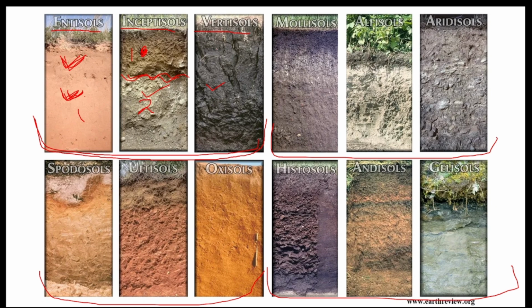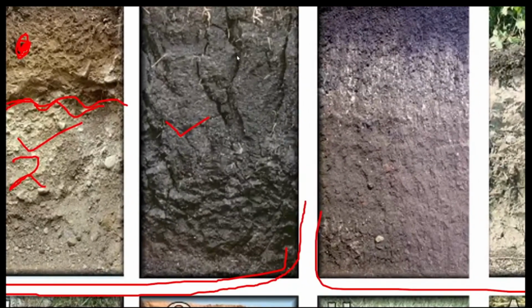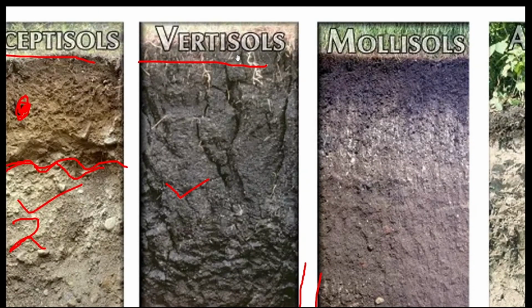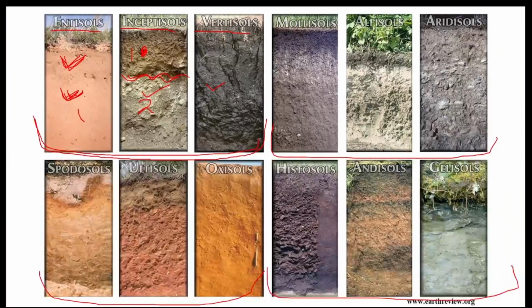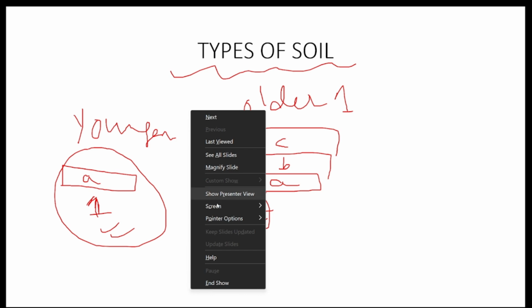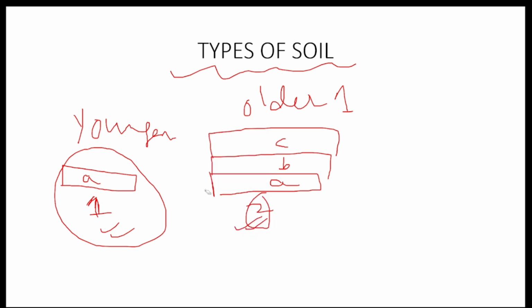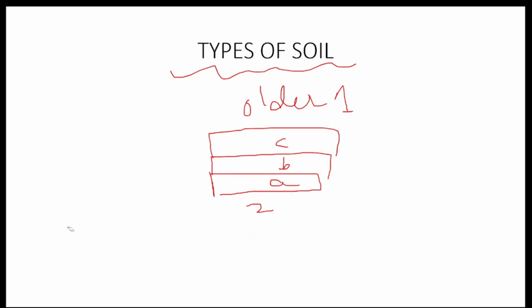Then we have vertisols. Now in these vertisols we see something. Can you help me to differentiate the characteristics of vertisols? The basic difference is, let me rub this down first, otherwise it will again create confusion.